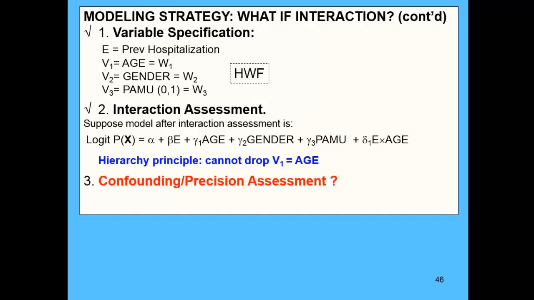So we considered this model, which had a product term. Now the problem is that when you have a product term, and you could have more than one, the odds ratio for the model that has all the variables in there, including the product term, is no longer a single number, e to the beta.